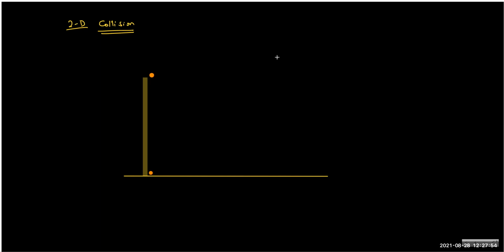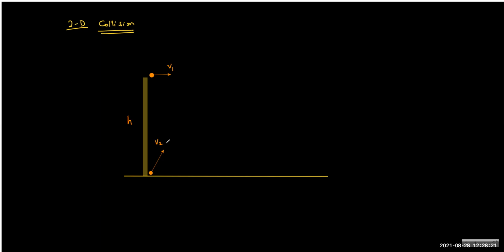Now, what is given to us? The ball at the top of the tower is thrown horizontally, and the bottom one is thrown at some angle, and the tower height is h. This is thrown with speed v1, and this is thrown with speed v2.